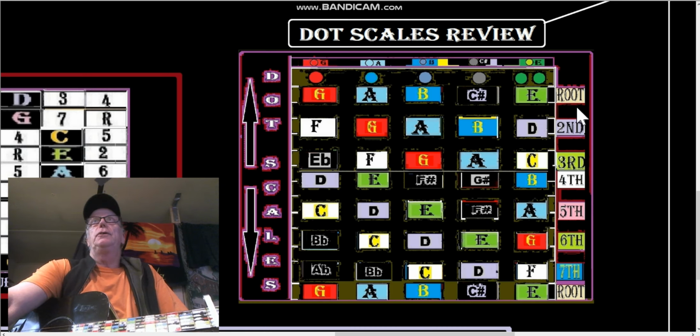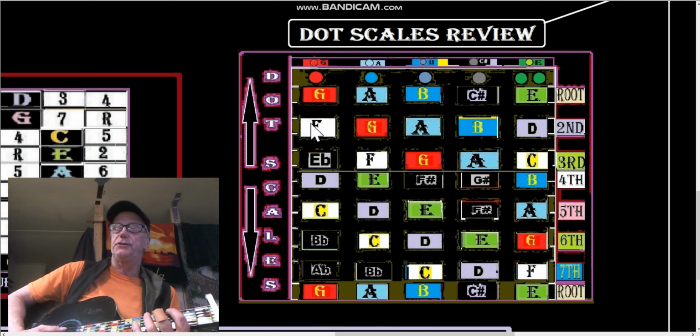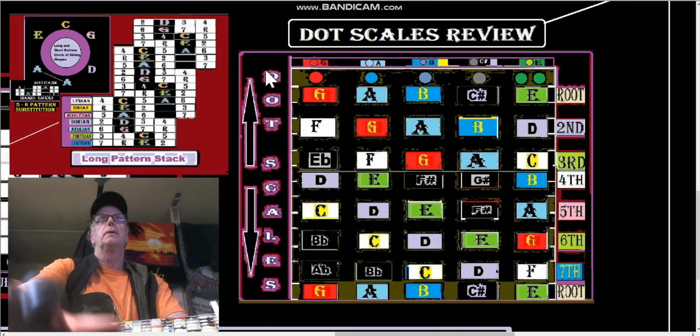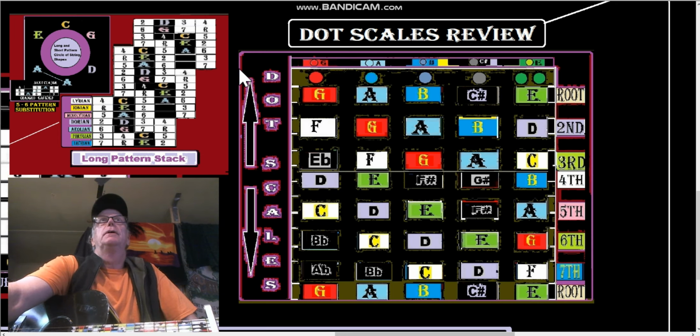Now, if we want to look at it as the 2nd of a scale, we could look at it as the key of F. See, that was the key of G. Now in the key of F, it's the 2nd of the scale. So from that G dot, we'd play that 2 pattern again. I brought the pattern over to help us.